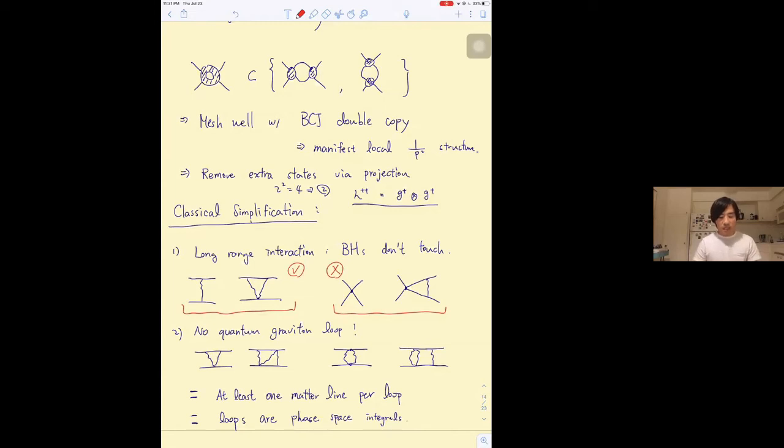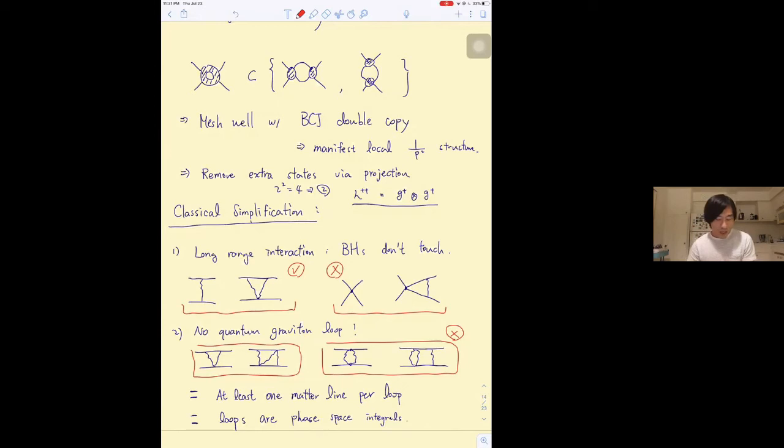The second simplification concerns the question earlier, whether we can include these graviton loops or not. As I will explain later, you don't have to include them because that corresponds to the quantum running of your G Newton. So all we want to include is diagrams without graviton loops.